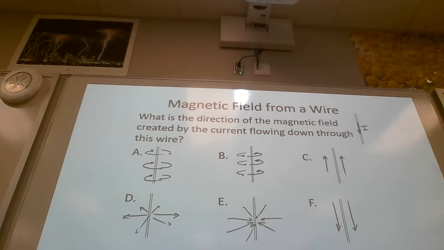Okay. So figure out which way magnetic field is pointing with current going down. Tell your neighbor.